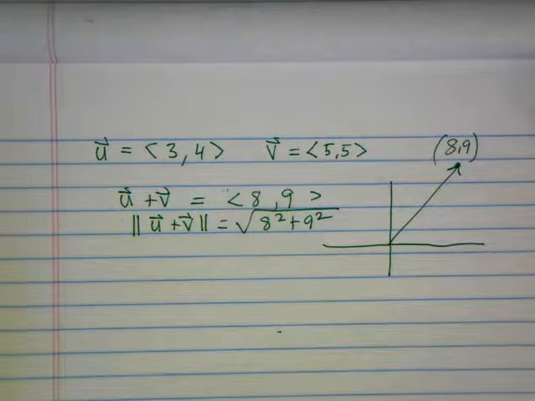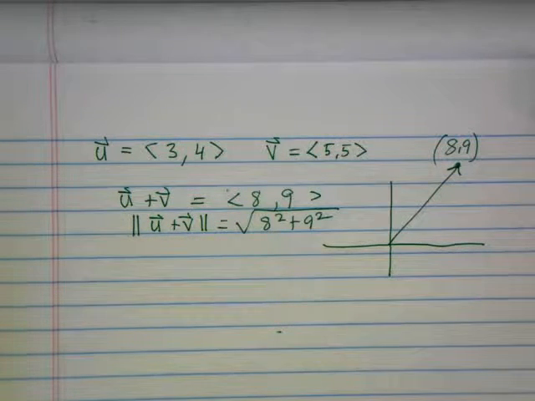So again, that's kind of a nice thing if a vector is in standard form. If a vector is in component form, it's very easy to find its length. The length is the square root of the x value squared plus y value squared. So there's a question I posed earlier on that. What do you call it? I didn't hear your whole question. What was it called? Component form?